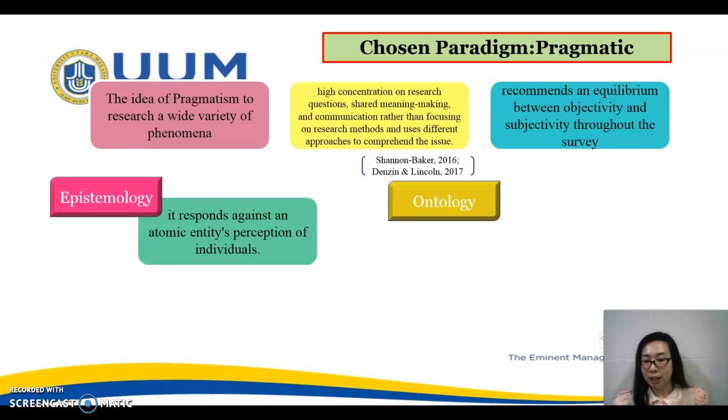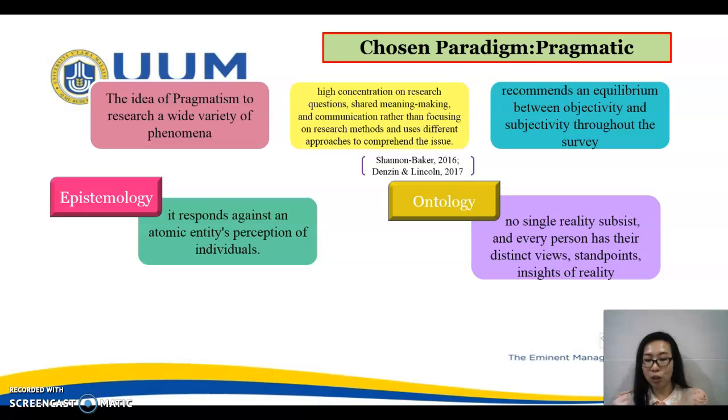Besides that, it assumes a non-single reality ontology, that no single reality subsists and every person has their distinct views and standpoints inside of reality. It utilizes the worldviews compatible study to support that quantitative and qualitative analysis can cooperate to overcome the other's shortcomings.